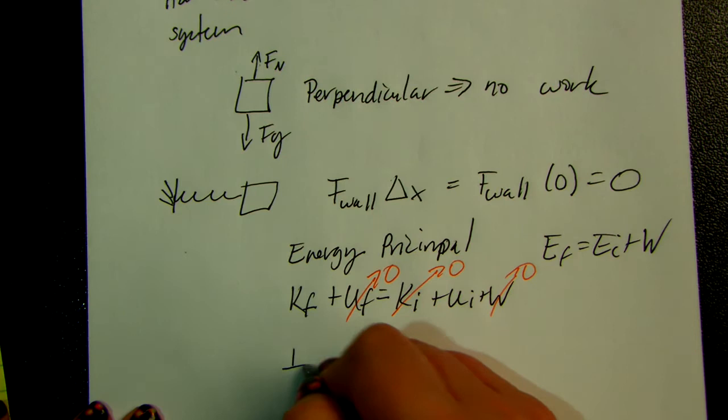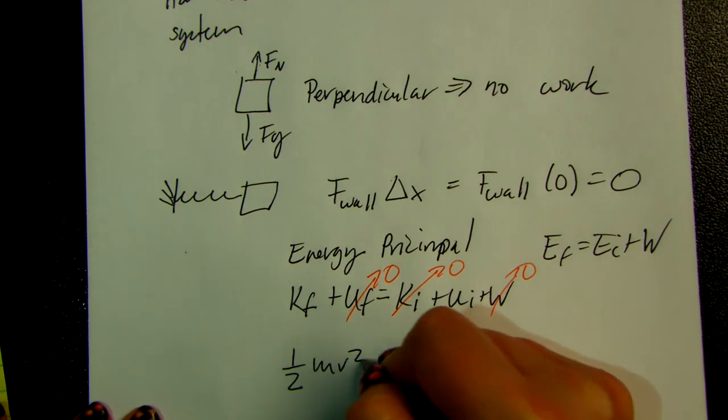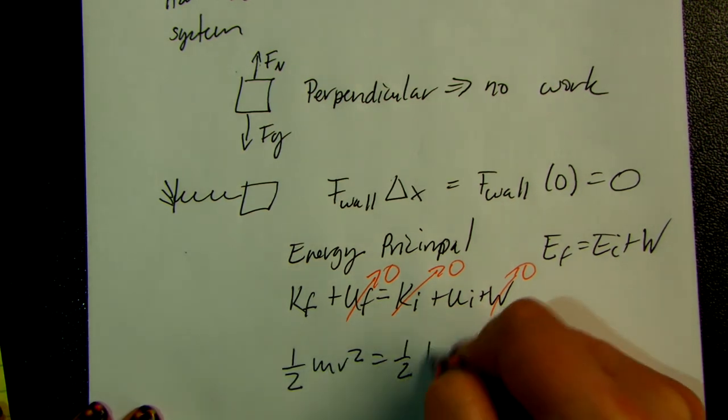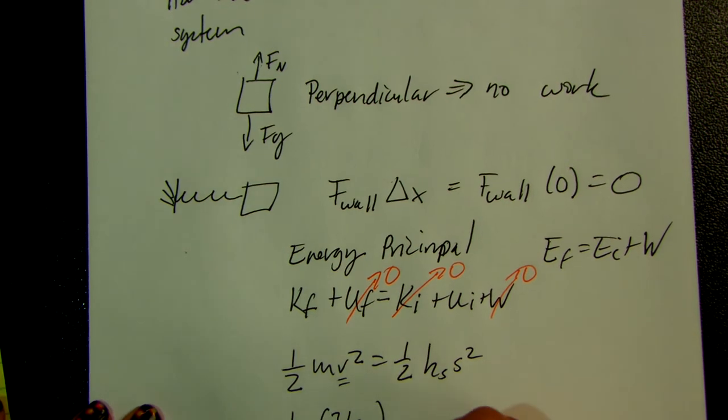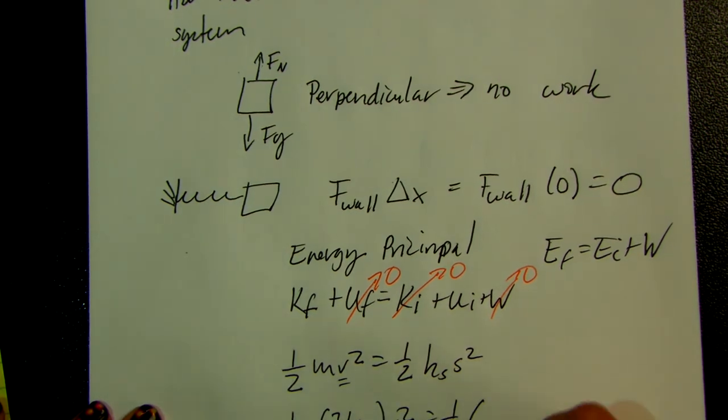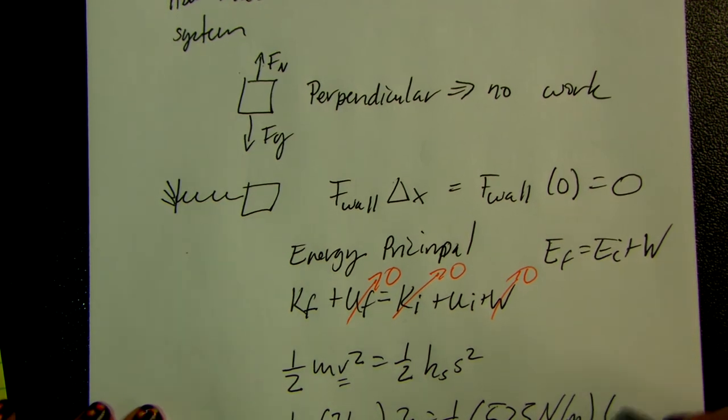Fantastic. So we have 1/2 m v squared, which is equal to 1/2 k_s s squared. We want to solve for v, so we have 1/2 times 3 kilograms times v squared is equal to 1/2 times 525 newtons per meter times 0.05 meters squared, which is equal to 0.656 joules.